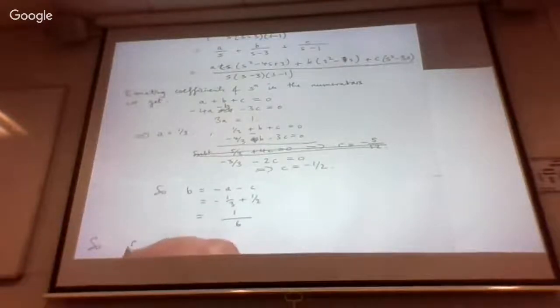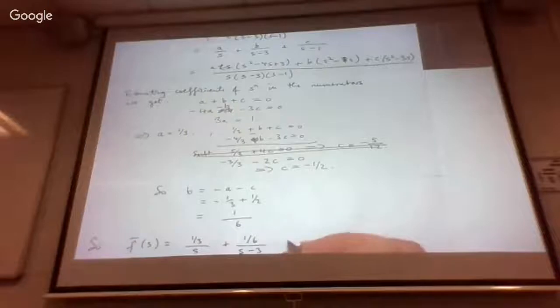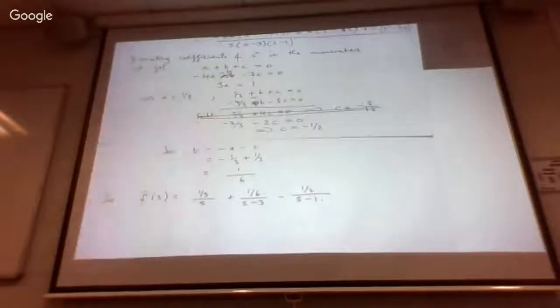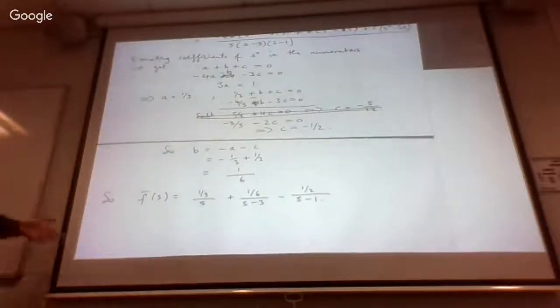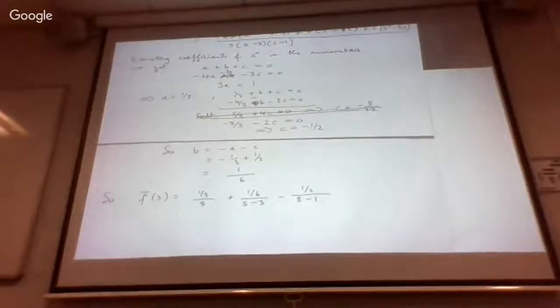So this F bar of s we've encountered is a third over s plus 1/6 over s minus 3 minus 1/2 over s minus 1. Okay, so that's good because these three functions are definitely on the table.